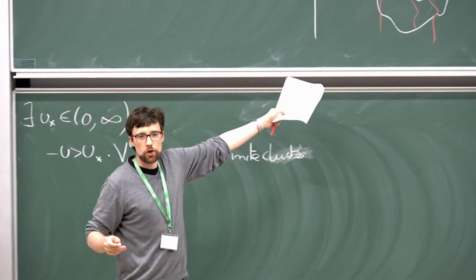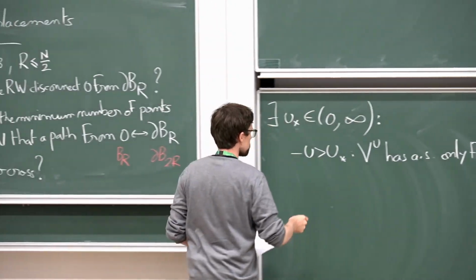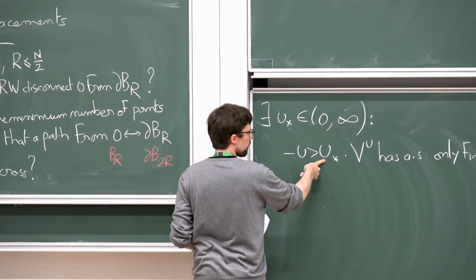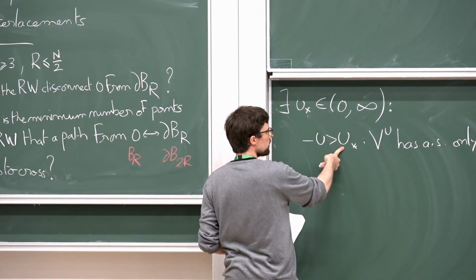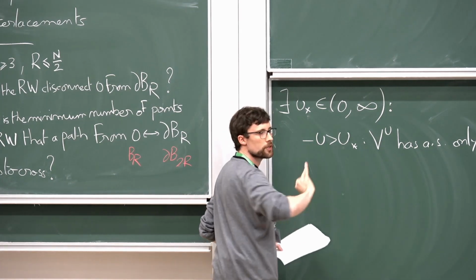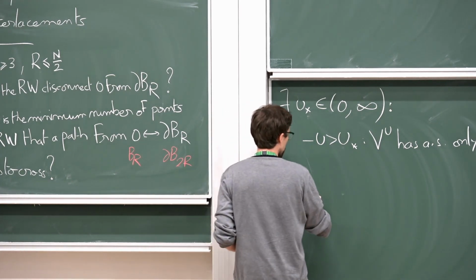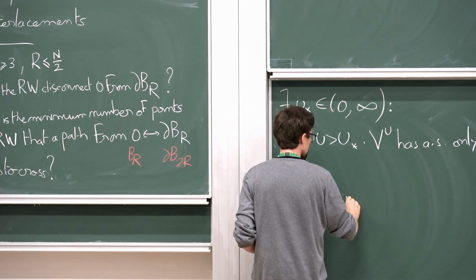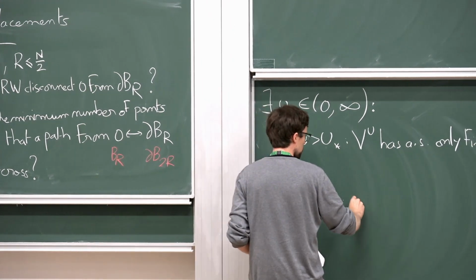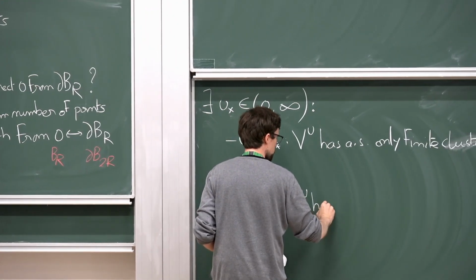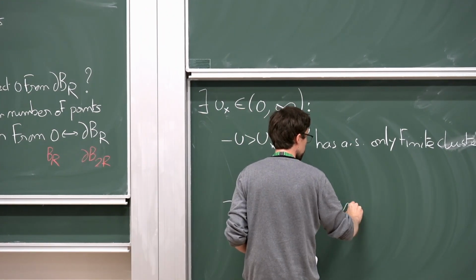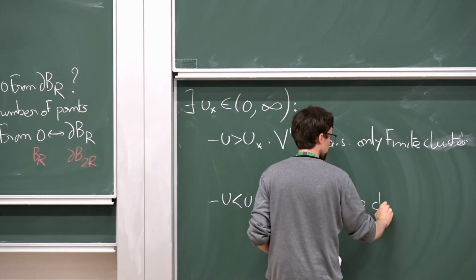So the question is, does the complement percolate or not? Above u star, you're subcritical and you have only finite clusters, because V^u is a decreasing set. Whereas if I look below u star, and u star is non-trivial, then V^u has an infinite cluster.